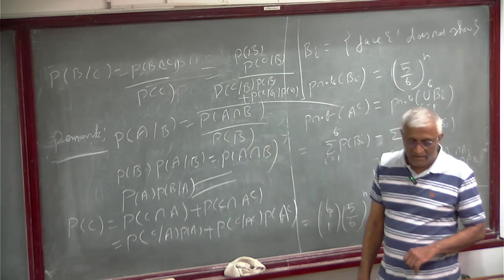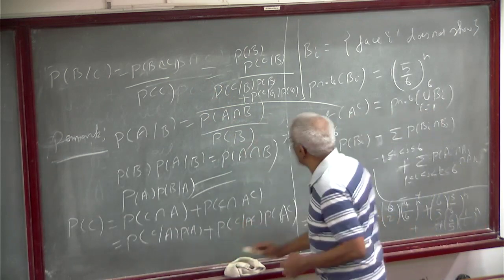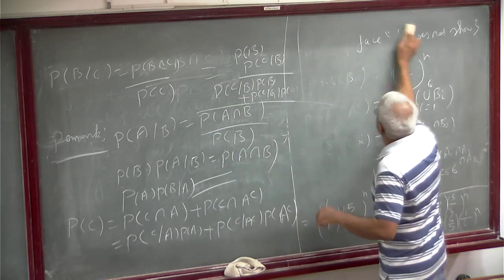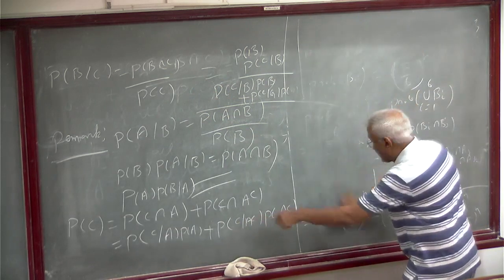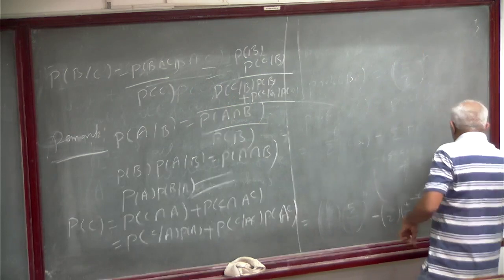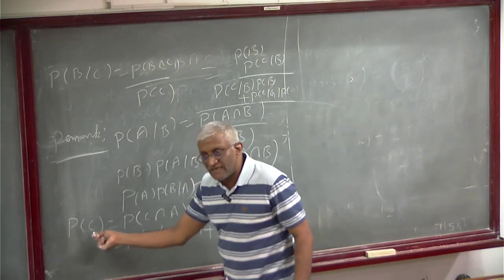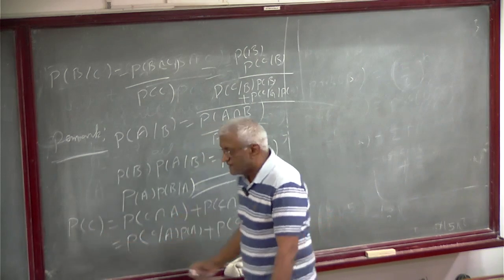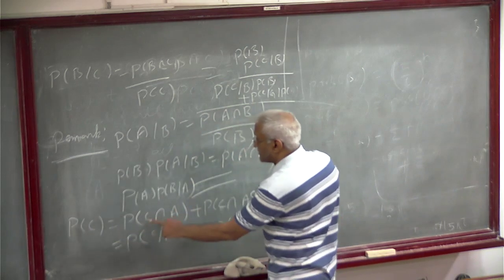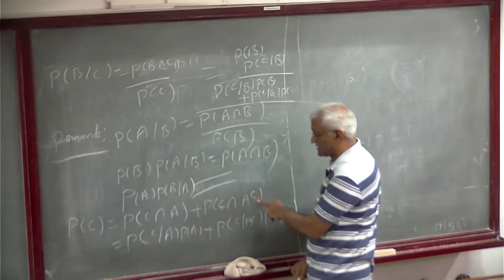I will write a more general formula. Whatever we have written is, if you have two sets and you want to compute the probability of any set C, that is the same as computing the probability of C intersection A plus C intersection A complement.